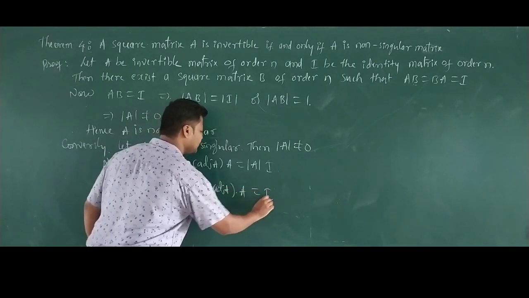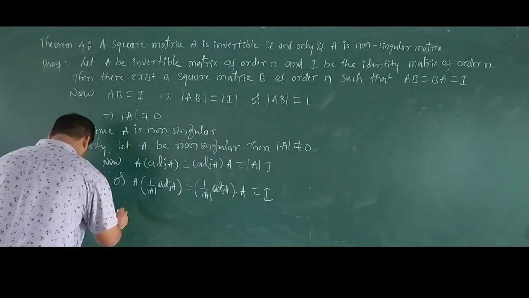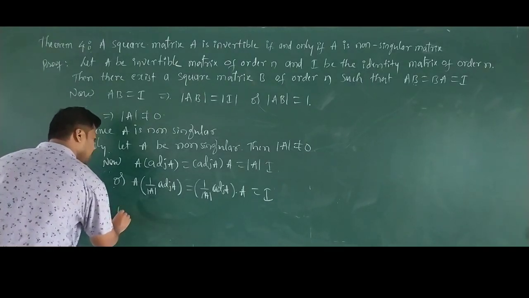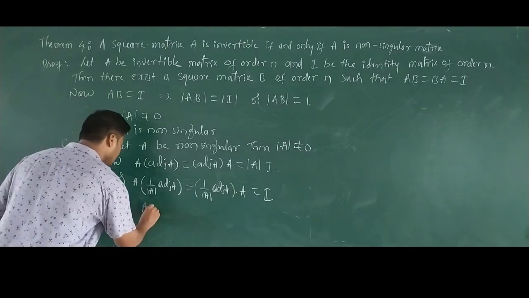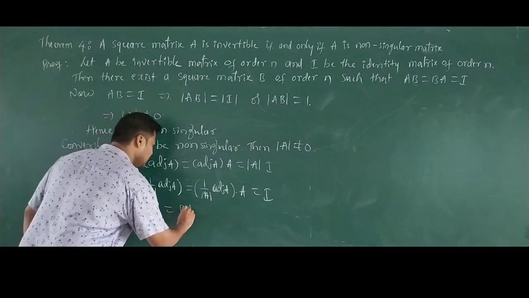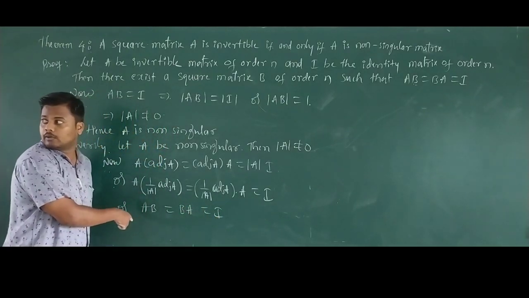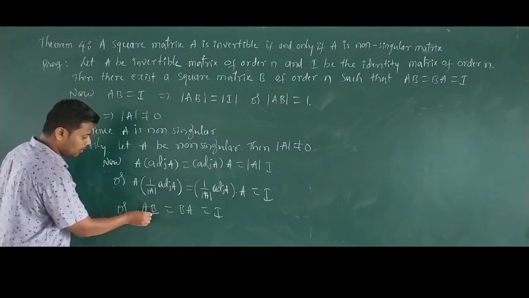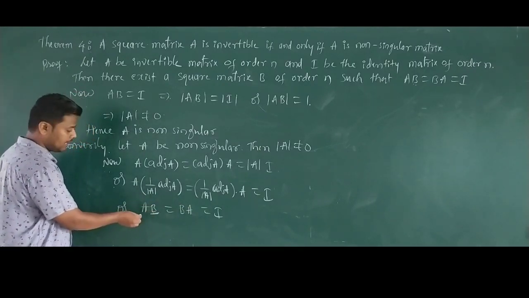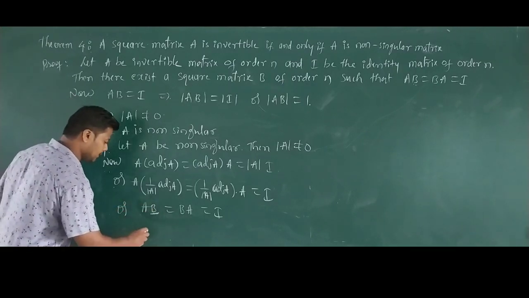This equals I. Now see what form this is: this is of the form AB equal to BA equal to I. So here B is called the inverse of A, and A is called the inverse of B. So B can be written as A inverse.